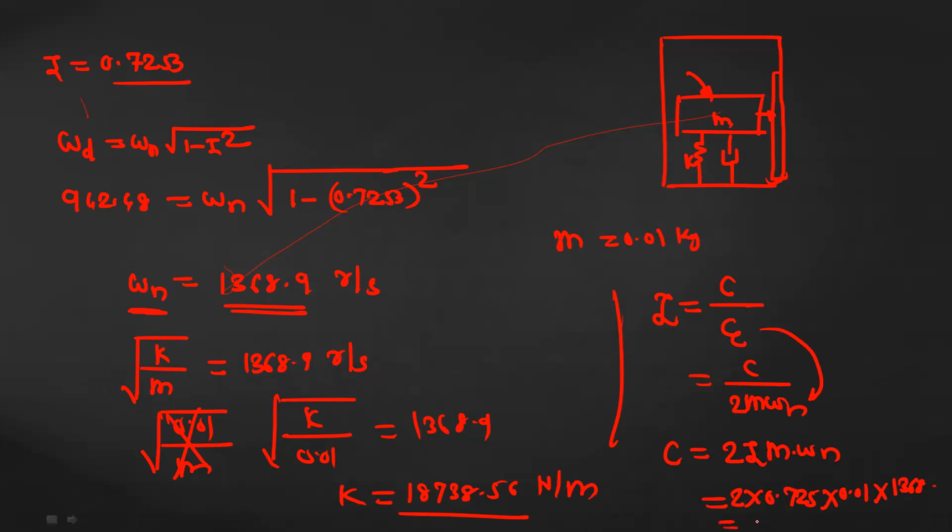Okay, so calculate the C value. So this is 19.86 Newton second per meter. Okay, so this is your final answer, the value of C and the stiffness of the spring. If you want, you can take the screenshot.